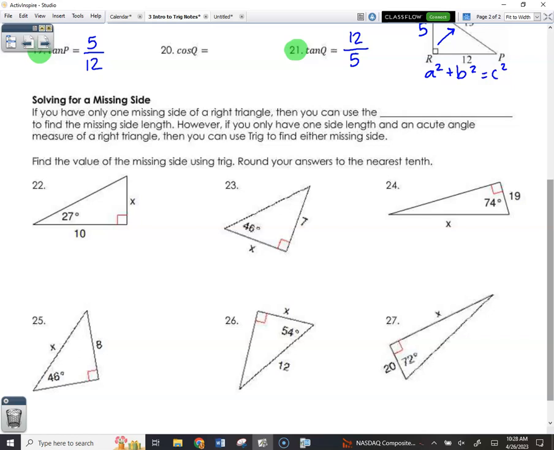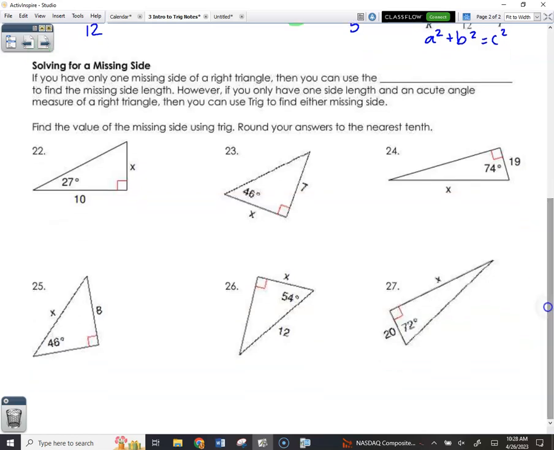Okay? Now let's get to where there's some actual calculations, set it up, solve involved. And that's down here. So, what's the purpose of trig? There's a lot of purpose, but one of the first purposes, look at number 22.